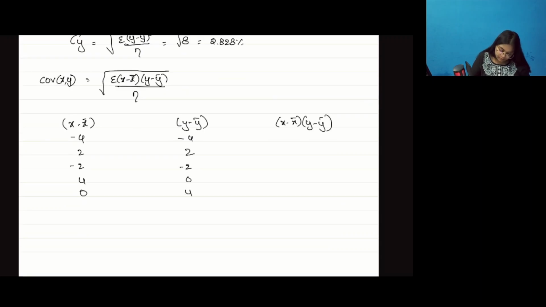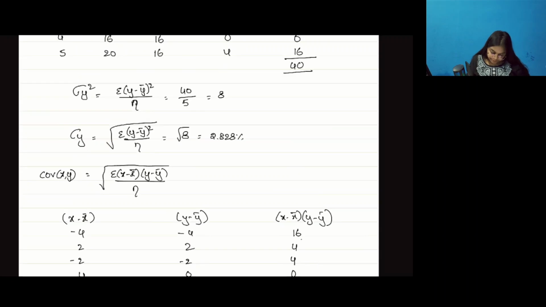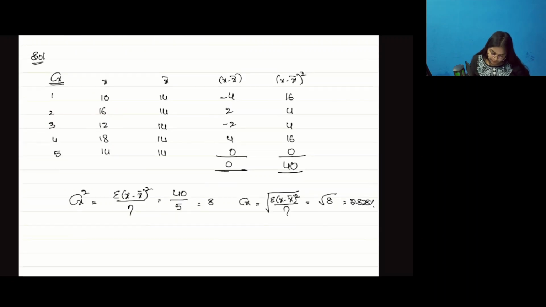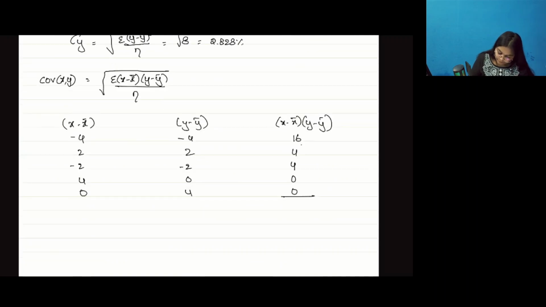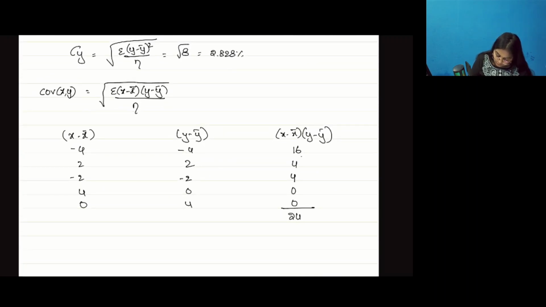Now minus 4 into minus 4 is 16, 2 into 2 is 4, minus 2 into minus 2 is 4, 4 into 0 is 0. Here it is 24.